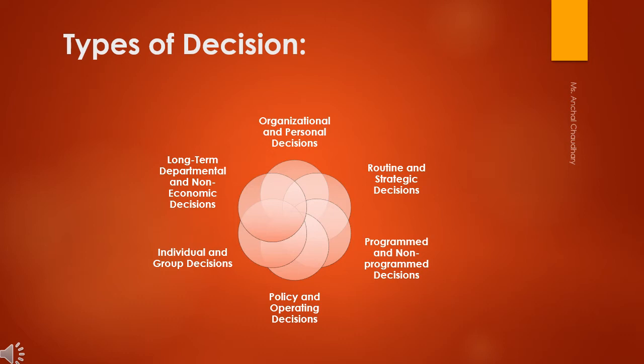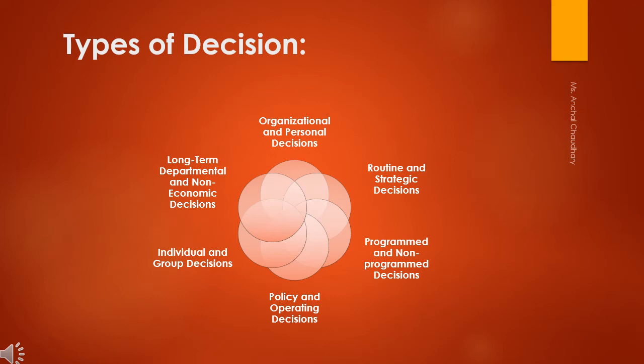Operational decisions, like the minimal working hours for the employees of the organization. If a person is not working for 8 hours, it will have an impact on that. So the person should be working for 8 hours, and this should be ensured by your operational decisions.